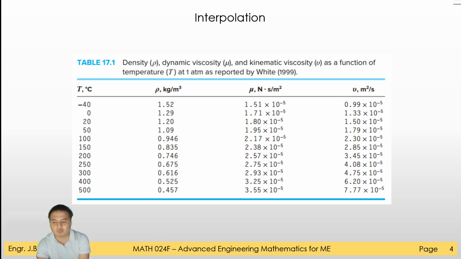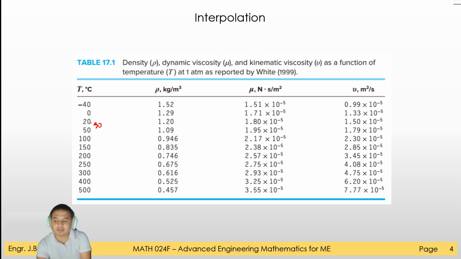It has a density of 1.52, and it has a dynamic viscosity, and then it has its respective kinematic viscosity. So dynamic viscosity, kinematic viscosity, density, and temperature. Let's say we want to know what the density is at, for example, 30. Okay, so how do we find that?